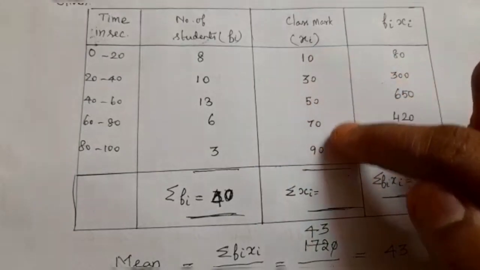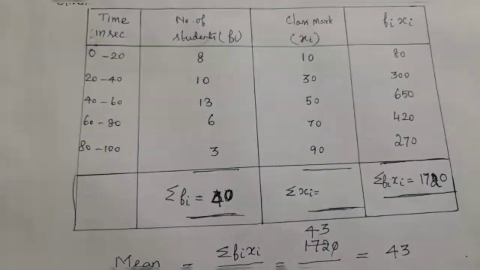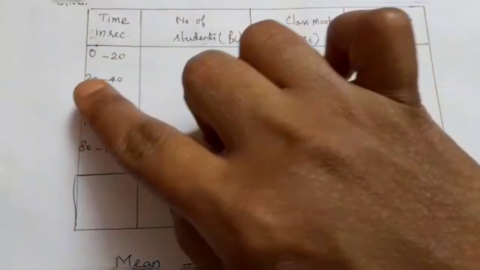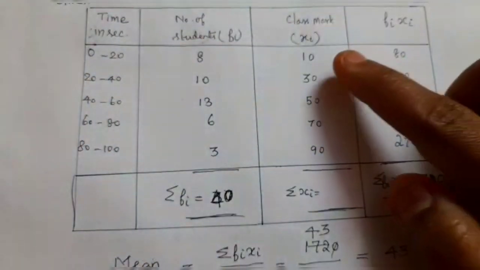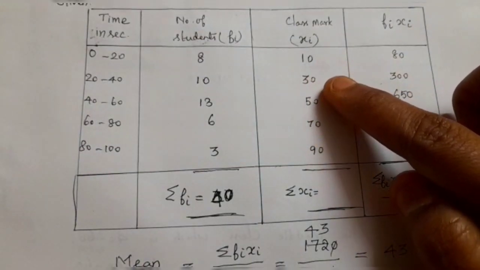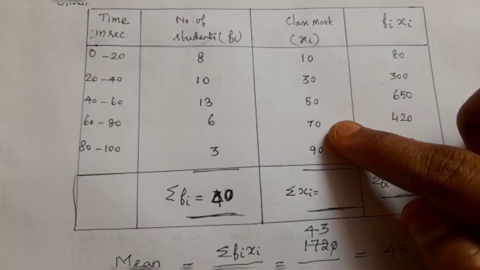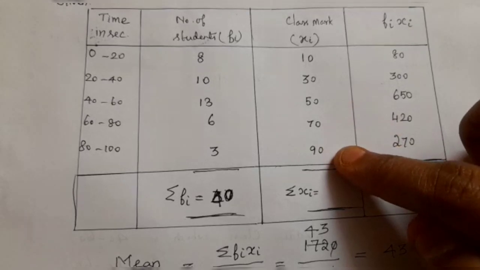How to determine the class mark? It is the midpoint of the interval. The midpoint of 0 and 20 is 10, of 20 to 40 is 30, of 40 to 60 is 50, of 60 to 80 is 70, and of 80 to 100 is 90.